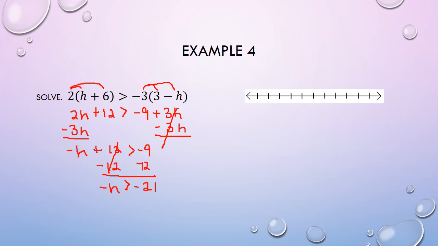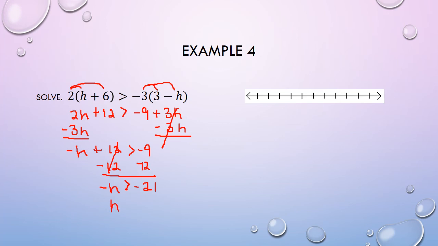Now, with the negative in front of the h, we have to get rid of that negative. There are several ways that you can do this. You can divide by -1 on both sides, and whenever you do that, we are dividing by -1, so you need to flip the inequality sign, or you can just take the opposite of everything.